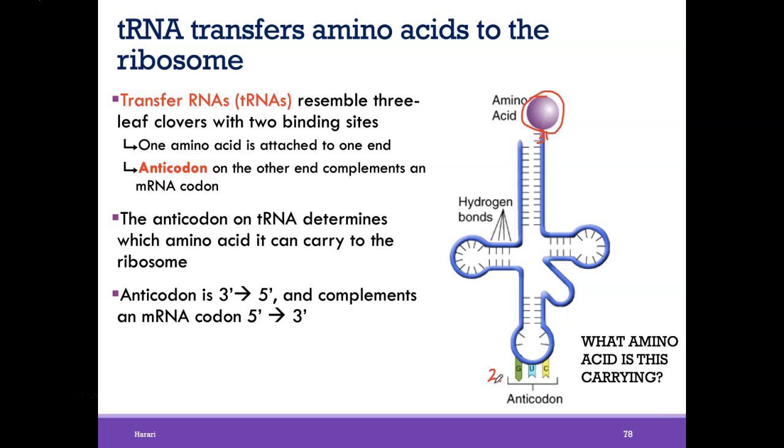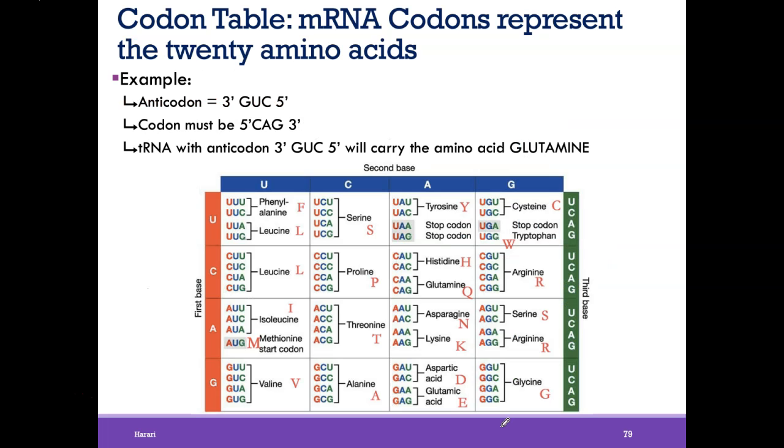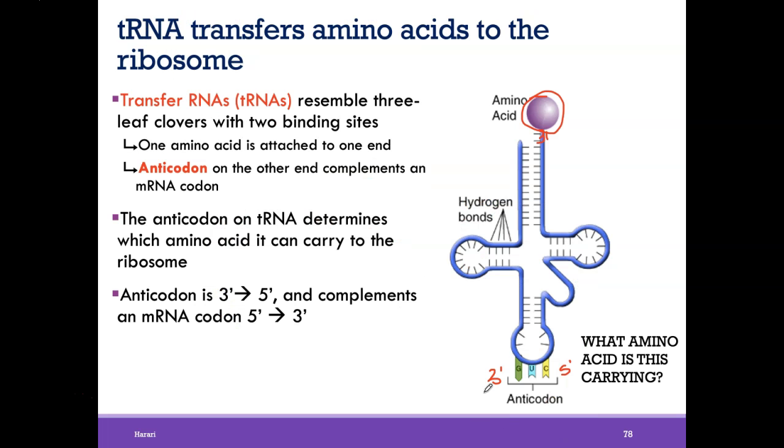Anticodon is always written 3' to 5'. So by looking at an anticodon, you can figure out the codon very simply. Suppose my anticodon is 3' GUC 5'. What mRNA codon would that recognize? If this is my mRNA molecule here, what three letters of mRNA would this complement?